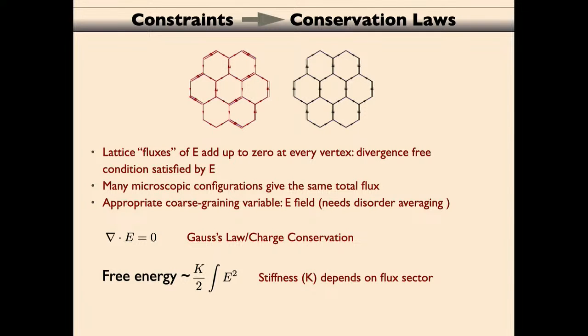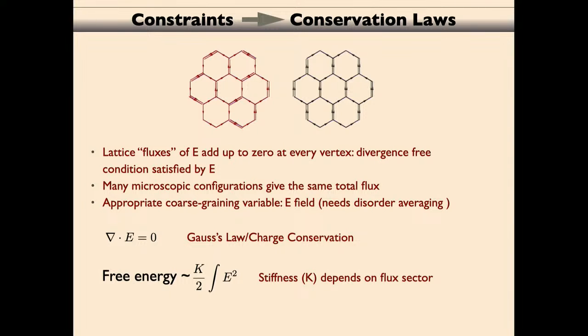And if I just want to look at the static configurations, the ensemble properties of the static systems, then I write down a free energy which looks exactly like the electrostatic Lagrangian with the E squared. And there's a stiffness here which depends on which flux sector I'm in.